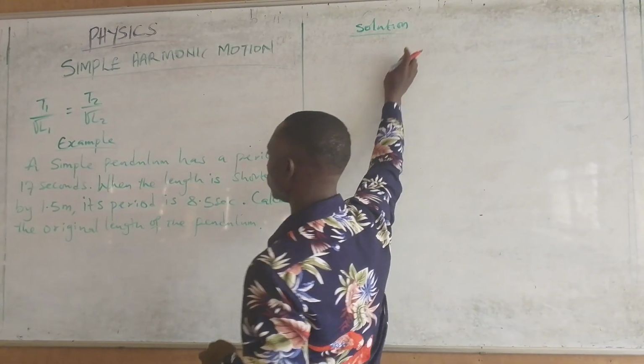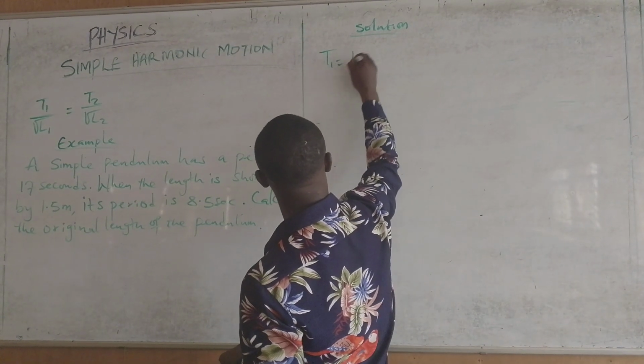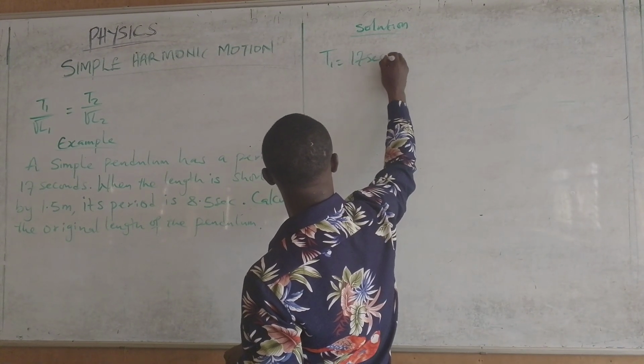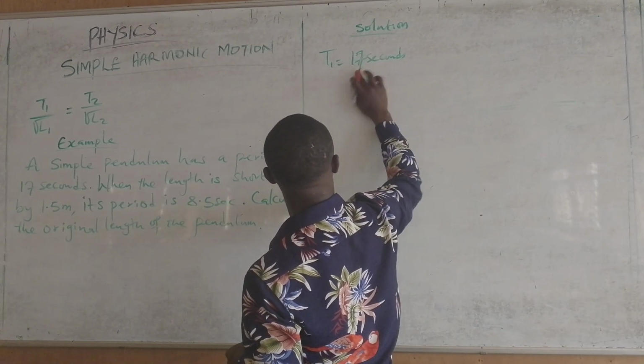So they say the simple pendulum has a period of 17 seconds. So we can say T1 equals 17 seconds.